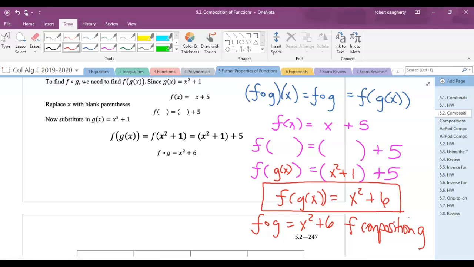Okay? What if I were to come over here and say, is that different than g composition f? What does g composition f mean? It means g of what? It means g of f of x. Okay? I'm going to follow the same procedure I did over there. Let's write down what g is. G of x is what?